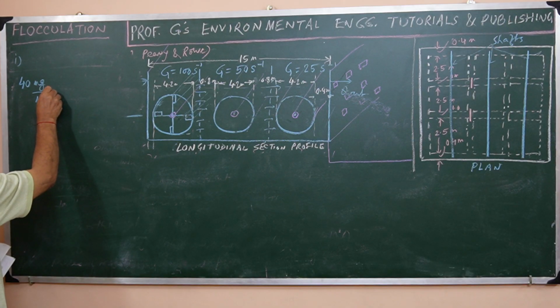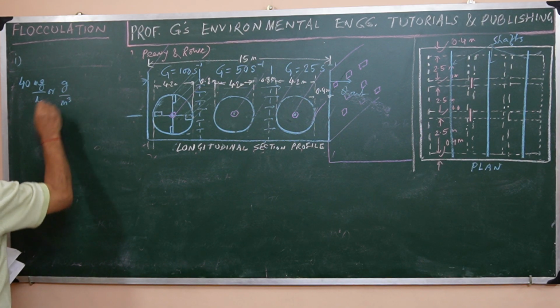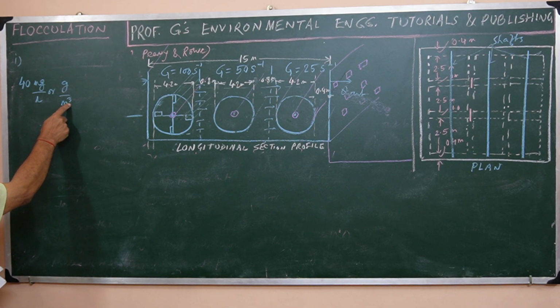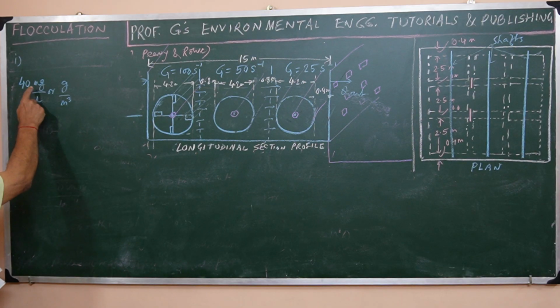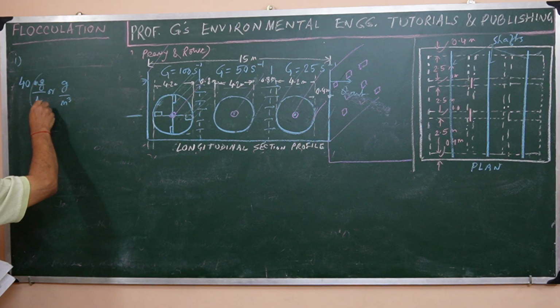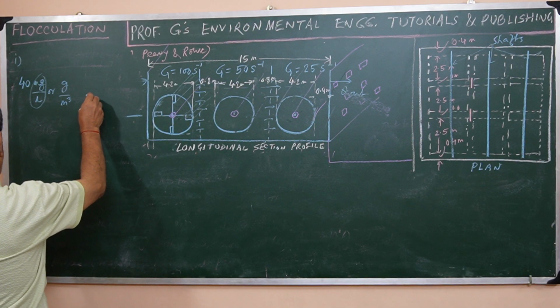Now we could also write this as gram per meter cube. Same, because liter if you multiply by 10 to the power 3, it will be meter cube, and milligram if you multiply by 10 to the power 3, this will be gram. So many a time, instead of writing mg per liter, we write straight away grams per meter cube also.